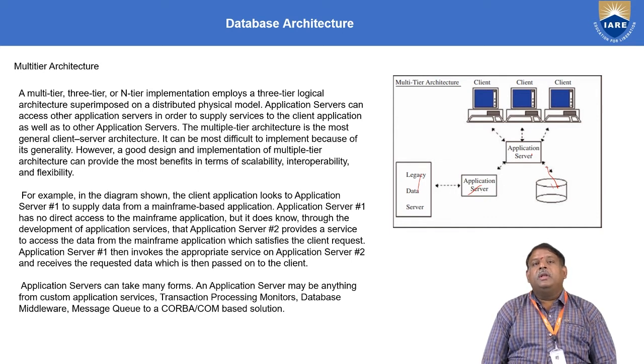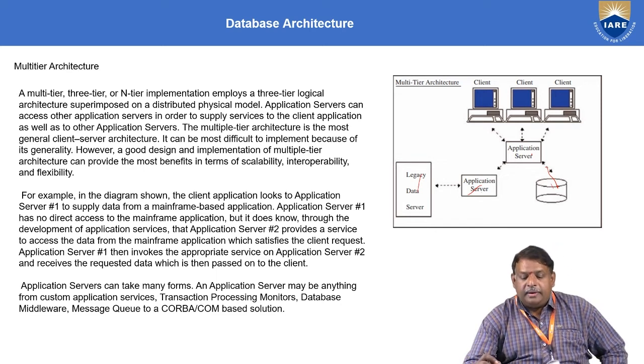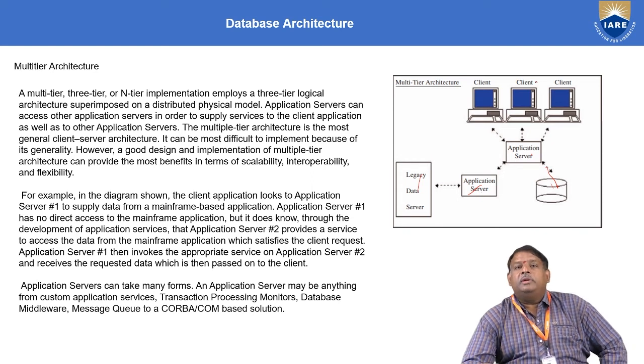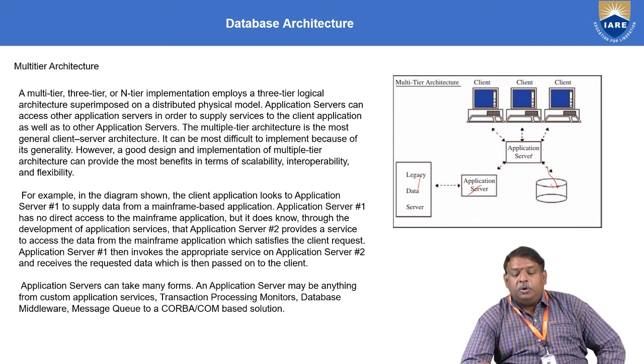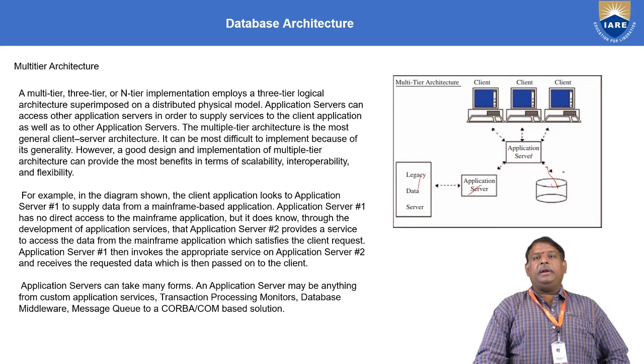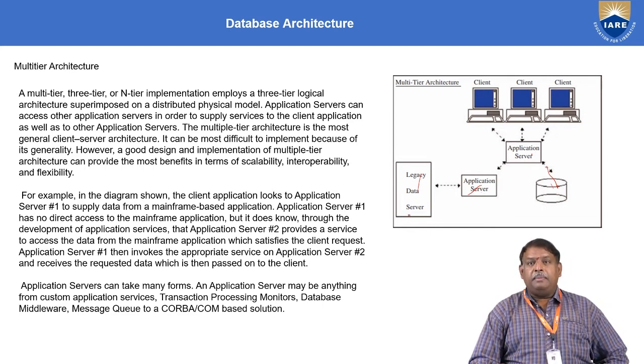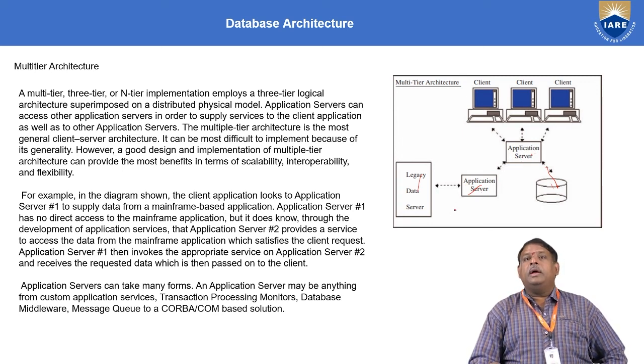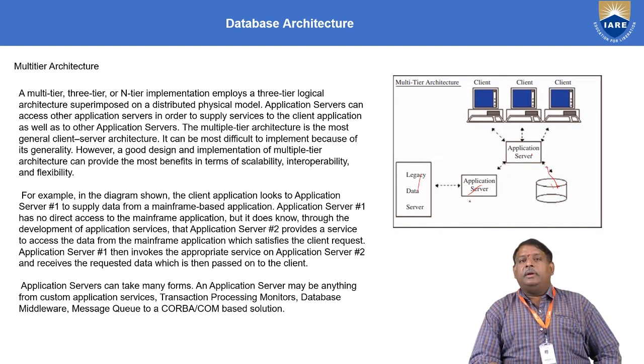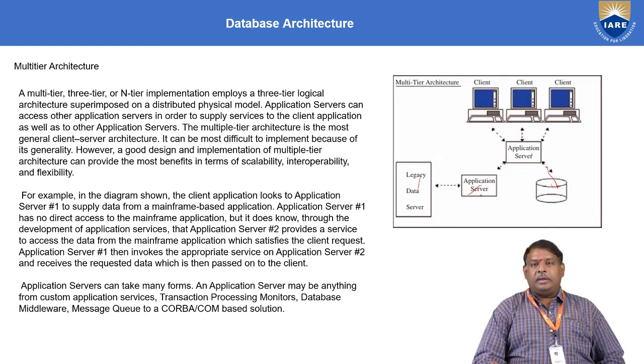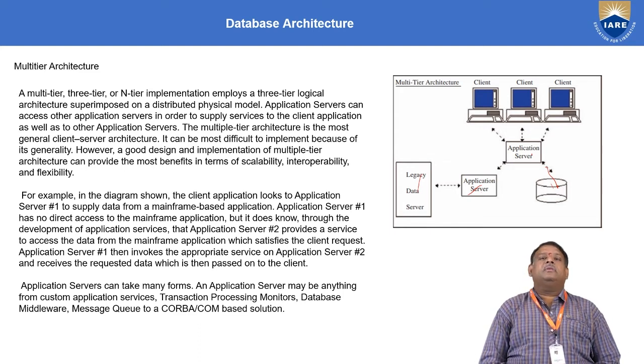For example, in the diagram shown, the client application will look to application server 1 to supply data from the mainframe-based application. Application server 1 has no direct access to the mainframe application.